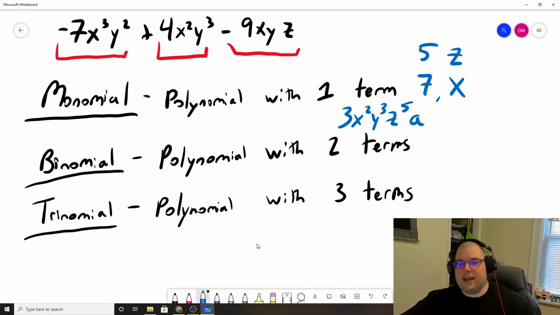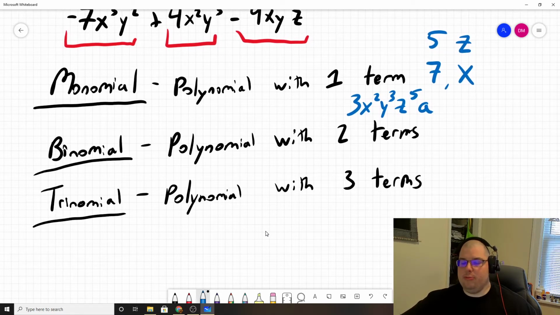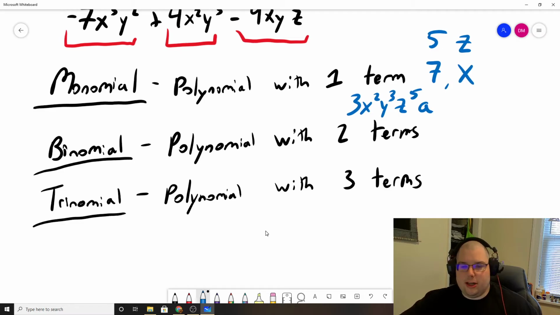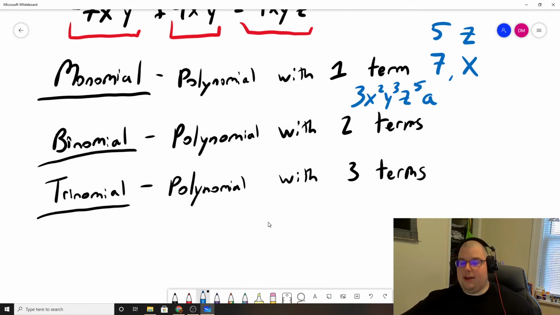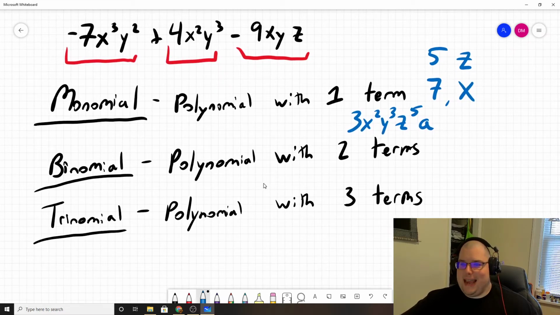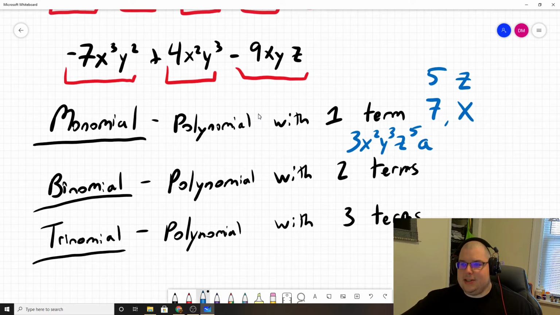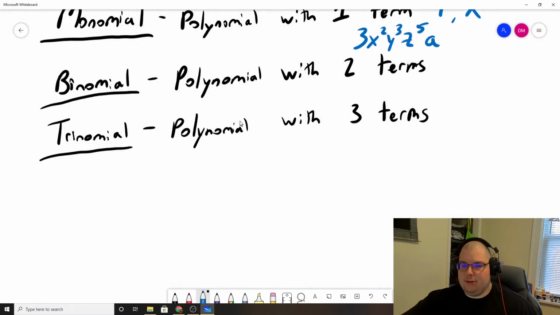And of course the same goes for binomial and trinomial. As long as there's one addition or one subtraction holding two terms together, it's a binomial. A trinomial, on the other hand, will have two additions, or an addition or a subtraction, or two subtractions to hold three terms together.